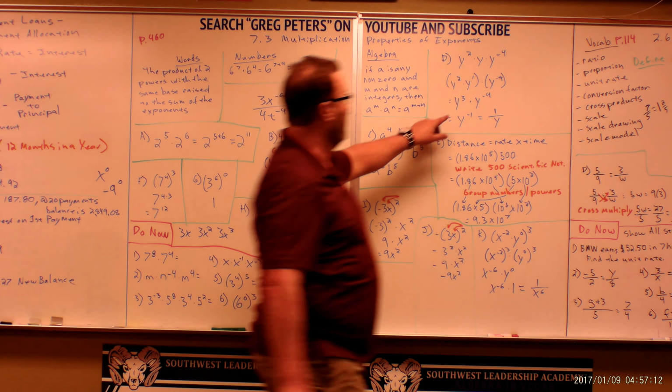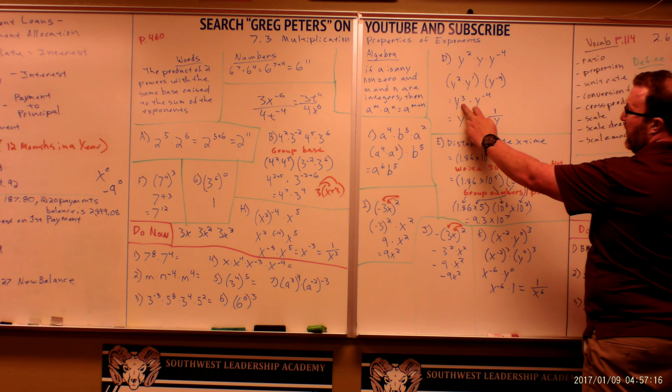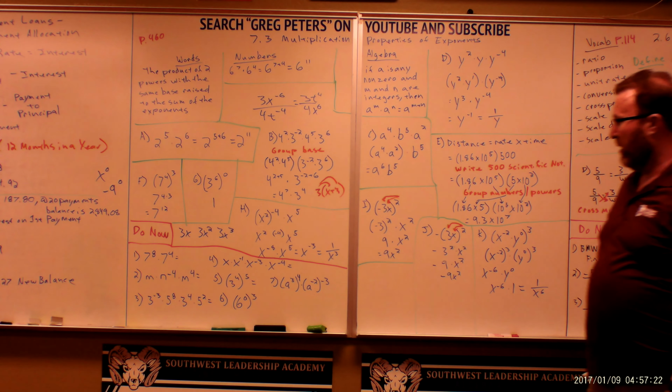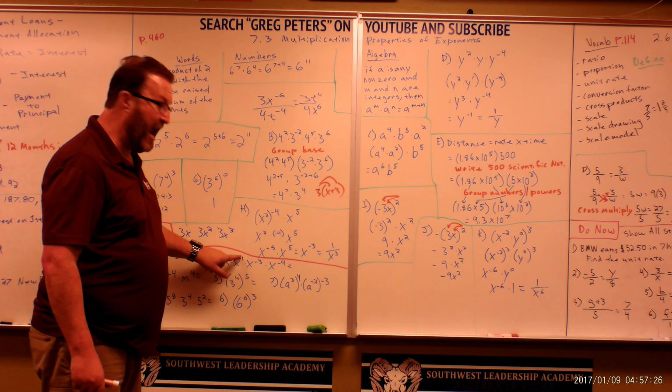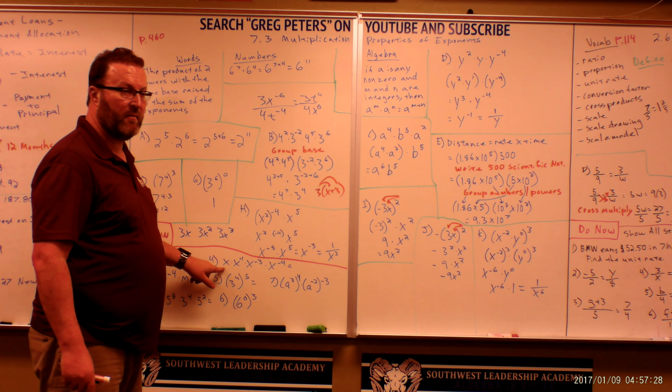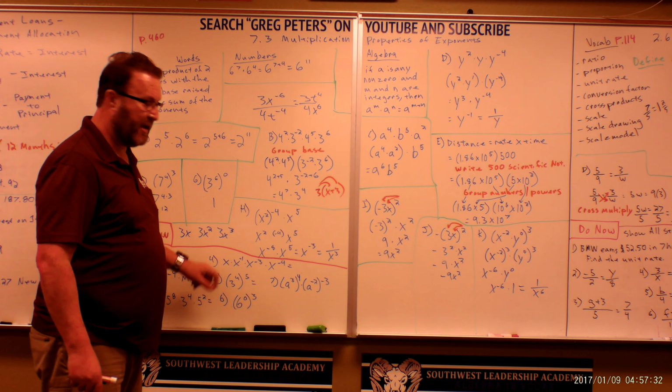Same thing we did here: 2 and 1 is 3, y is negative 4, so 3 minus 4 is negative 1. We turn it into a fraction. Wait, where did we get 7 from? Negative 8 plus 1 is negative 7. Okay, good.